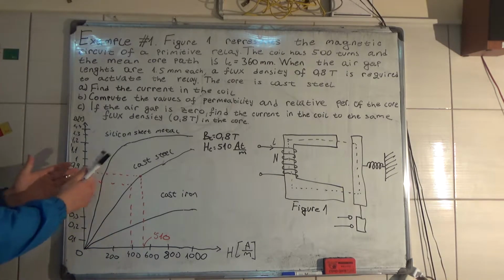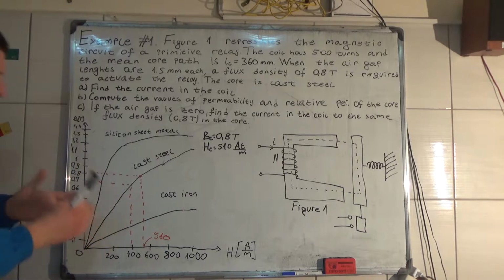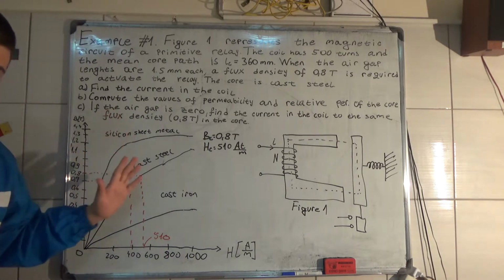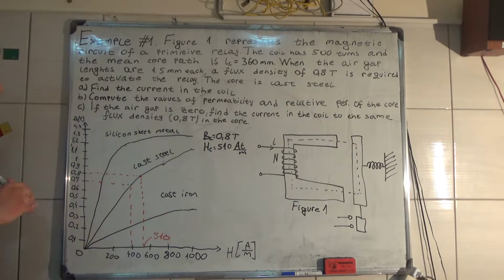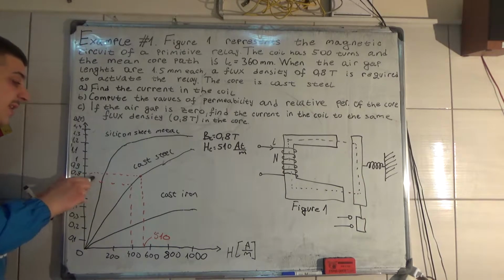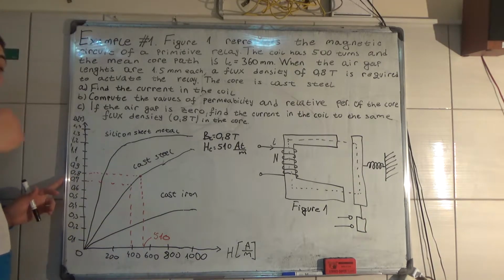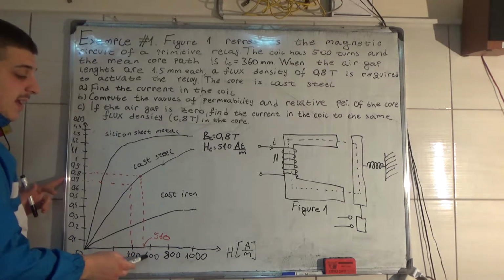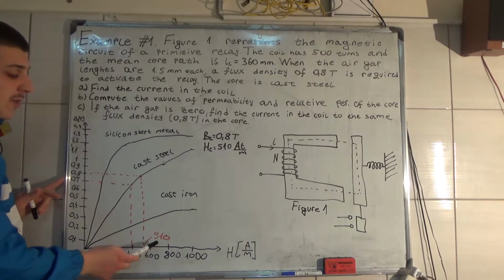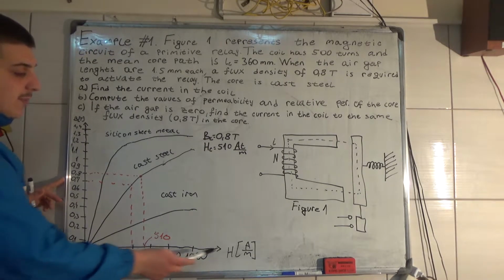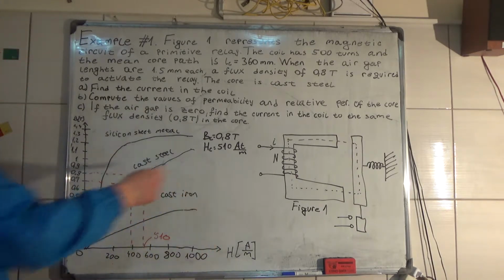Looking at this magnetization curve, we get that for 0.8 Tesla we have to have a magnetic field intensity of 510 ampere turns per meter.